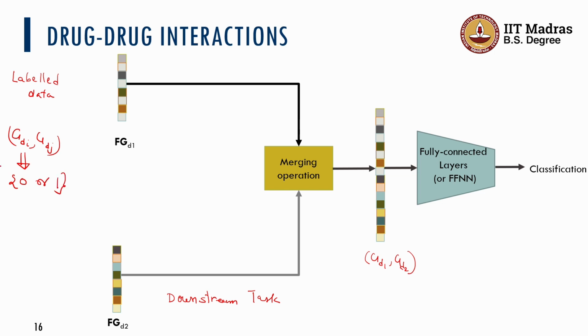So I can use this to actually train this neural network model, and then for a new pair of drugs, what I will do is the following. I'll first take it to the graph neural networks, learn the embedding, get embeddings for both of them, and use this learned fully connected neural layer to actually predict the class. So this way we can actually do the drug-drug interactions.